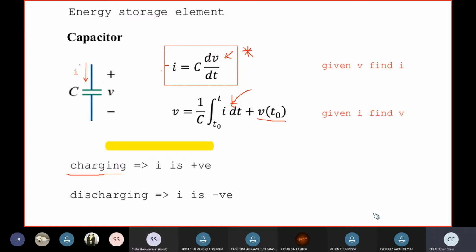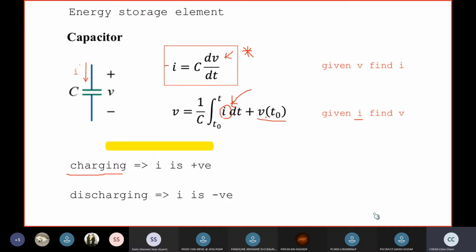And this equation over here is actually, given I, the current flowing in or out, you integrate it, divide by C, and you get the voltage added on top of the capacitor, adding it up with the initial voltage.